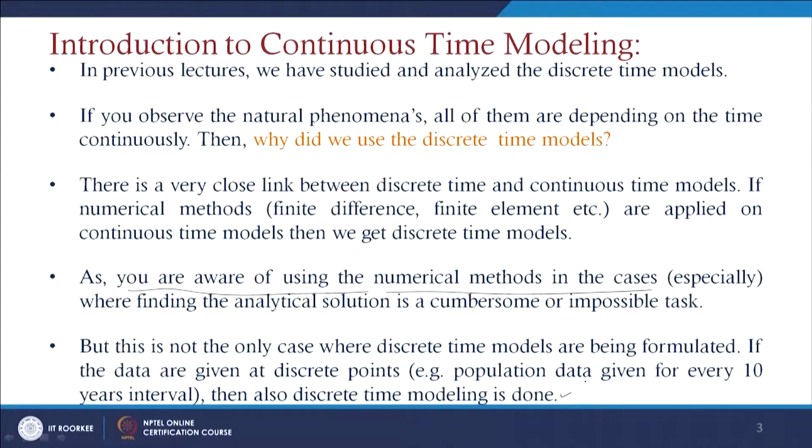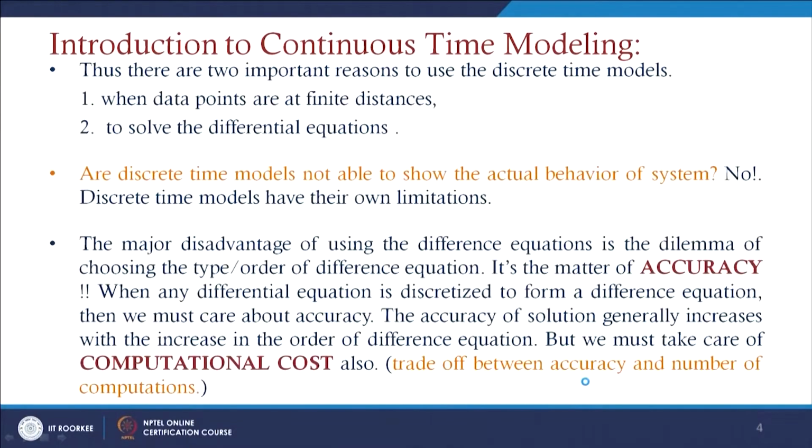In that sense, we will go further to continuous modeling. There are two important reasons to use discrete time models, especially when data points are at finite distances. This means that we can use this model when the points are equidistant.